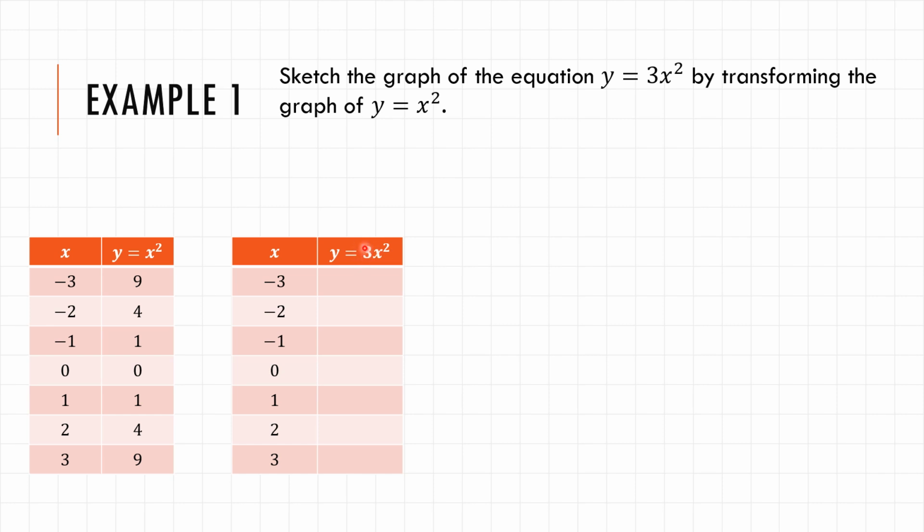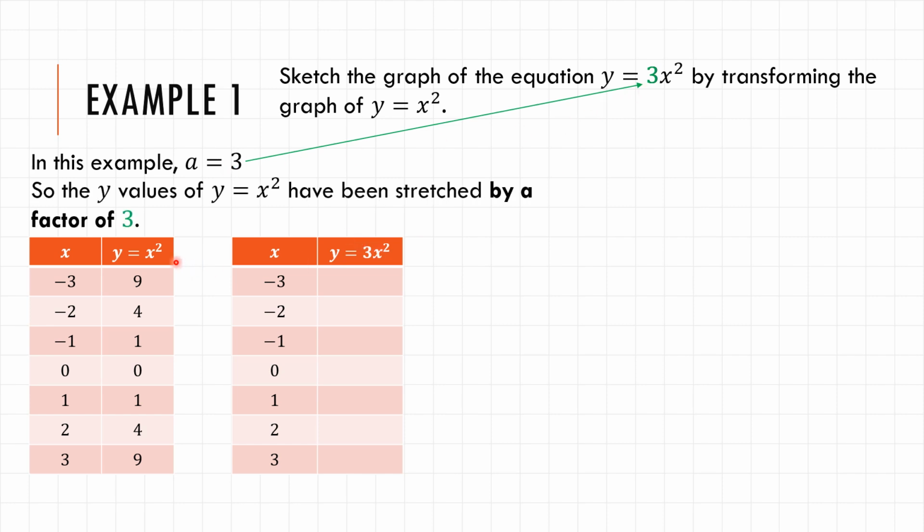And another way to think about that is all the y values here, because the y values are equal to x squared. So we're taking those y values, x squared, and multiplying it by 3. So if we want to find the new coordinates locations, we have to multiply all of these by 3. Right? So in this example, a is 3. So the y values of y equals x squared have been stretched by a factor of 3.